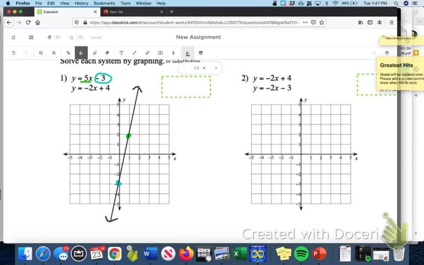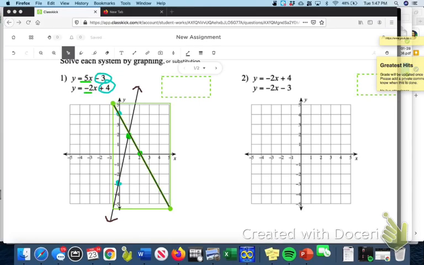Alrighty, so equation 2, we're going to start at +4. Then our slope tells us that we are going to be going down 2 and over 1, down 2 and over 1. And I'm going to add another line, of course. Stretch out, make sure it's nice and lined up.